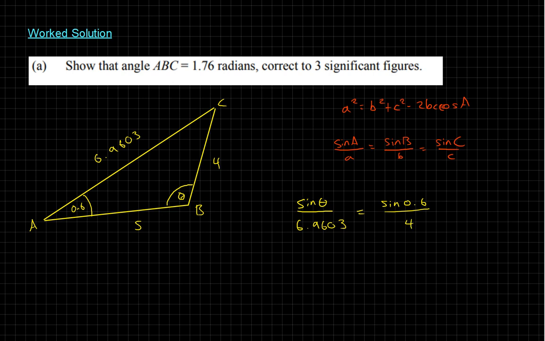Okay, so then sine of theta must be equal to 6.9603 times sine of 0.6 divided by 4. If I stick that in the calculator, I get 0.9825.